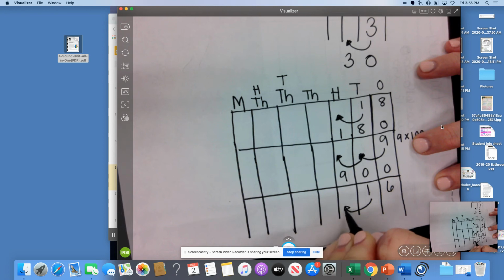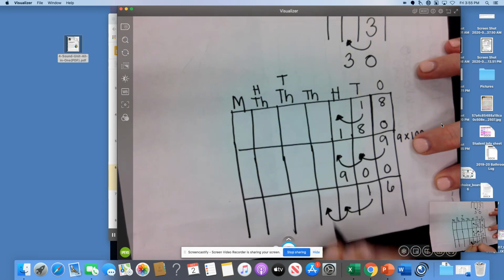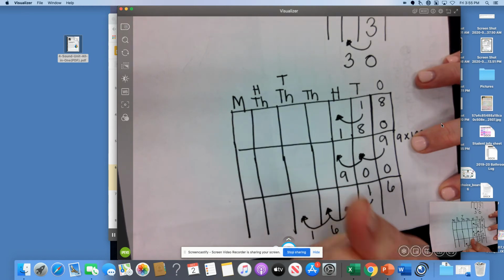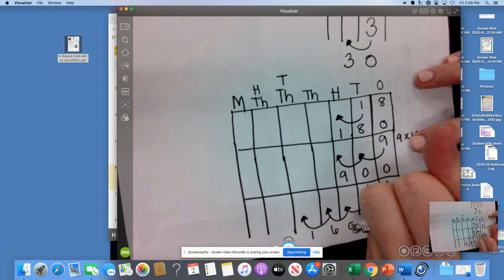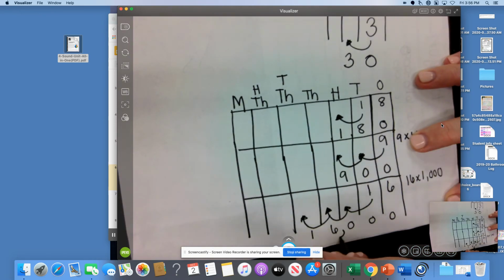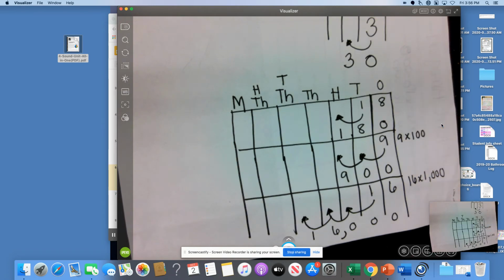Now 1 hop is times 10. 2 hops is times 100. 3 hops is times 1,000. So my 16 times 1,000 now gives me 16,000. Did you get that? Amazing.